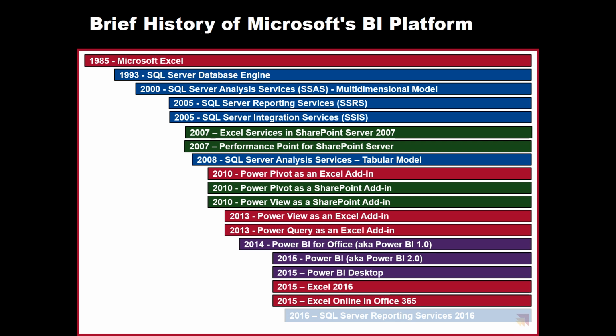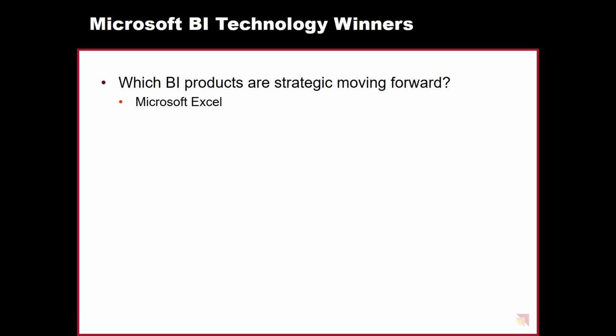Note that it's no longer called Excel Services, but all the server-side web-based Office products are now Excel Online, Word Online. And what we'll also see moving forward is that a lot of the things that we're going to talk about today that only work in the cloud are going to start working on-premise with SQL Server 2016 and specifically with SQL Server Reporting Services 2016.